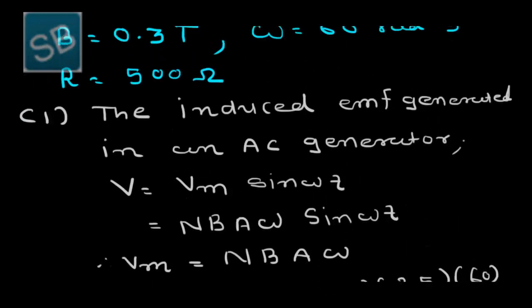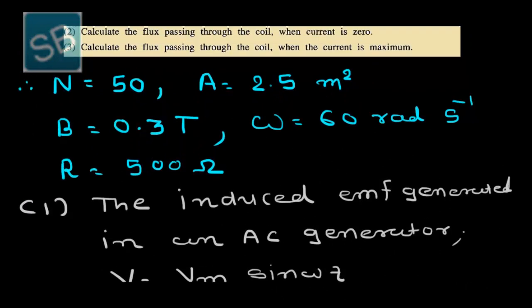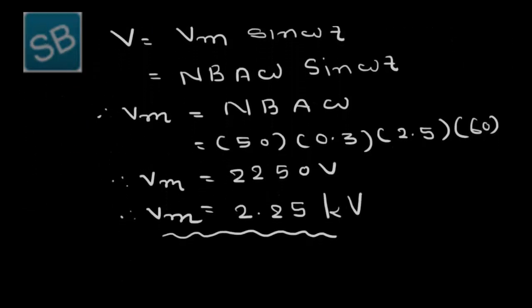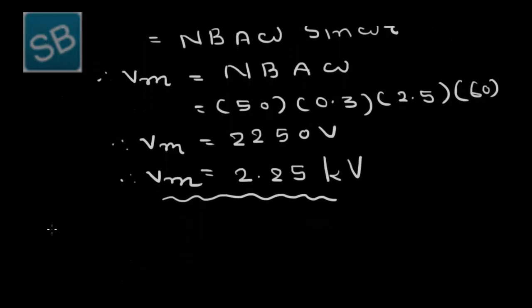Now the second task is to calculate the flux passing through the coil when current is 0. So here we have to assume the current is 0.